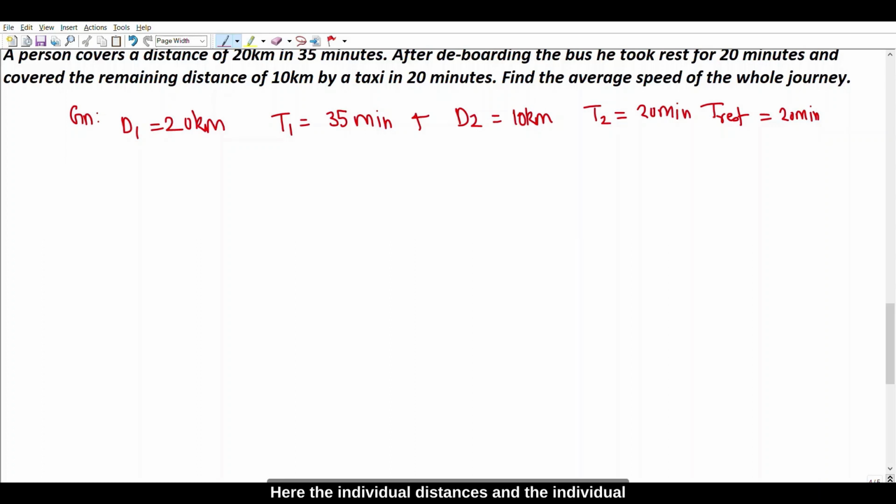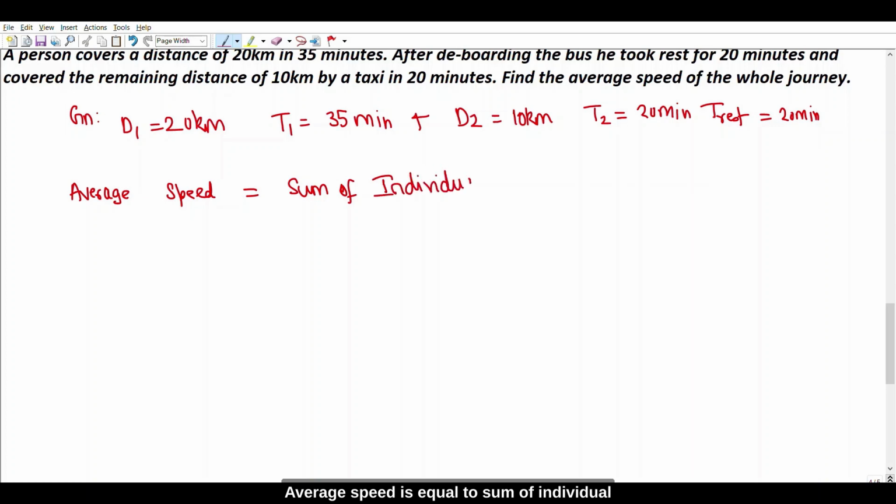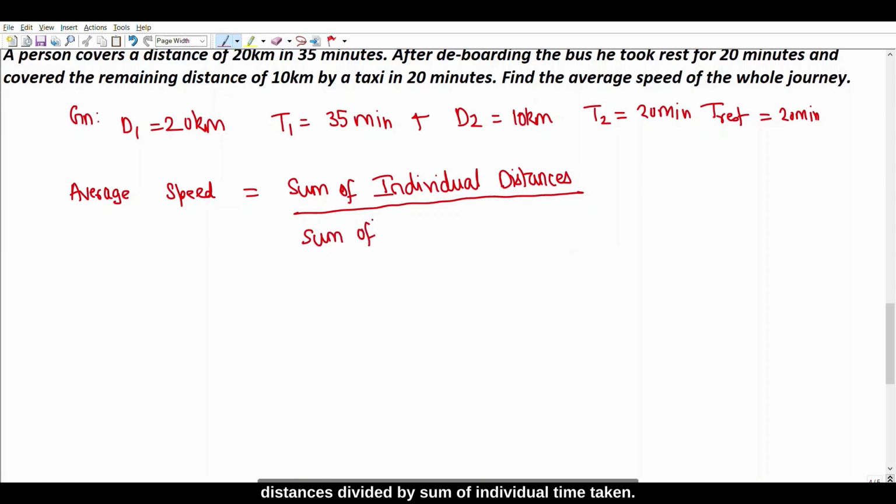Here, the individual distances and the individual times are given, and therefore, average speed can be calculated using the formula average speed is equal to sum of individual distances divided by sum of individual time taken.